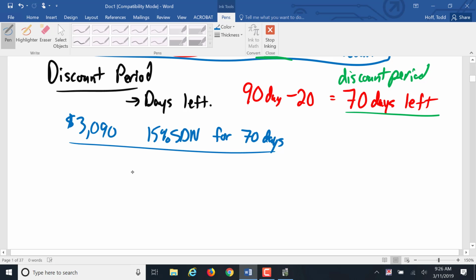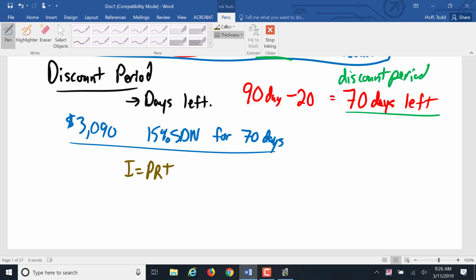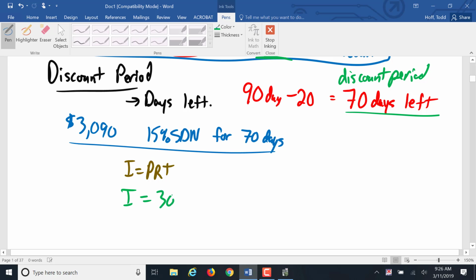So we're going to find the discount. It's I equals PRT, remember. So we find the interest, I is our discount. Principal is that $3,090. Our rate is the 15%, so 0.15, and our time is 70 days, 70 out of 360.